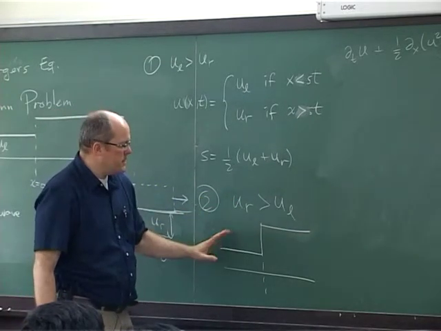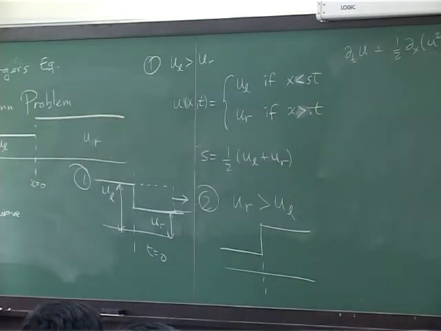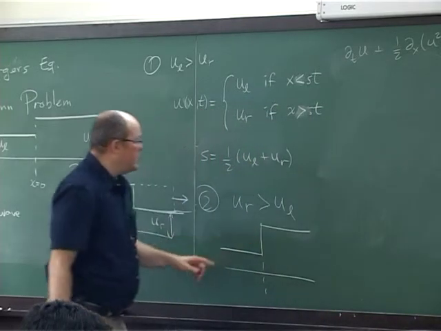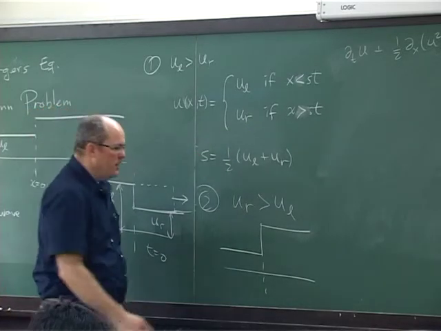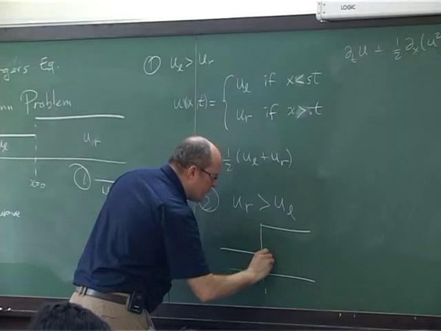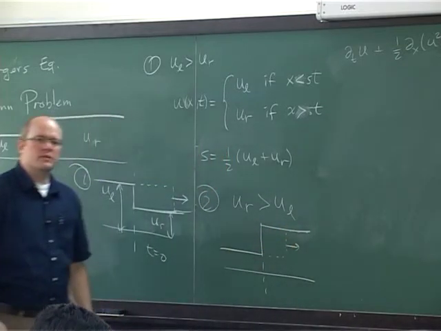That means, if we go back to this form here, if the U's are all positive, this tells me that the local characteristic velocity, if I interpret that U as the local characteristic velocity, is to the right. In this case, this solution is also a solution. We could imagine this discontinuity simply propagating to the right with velocity s.